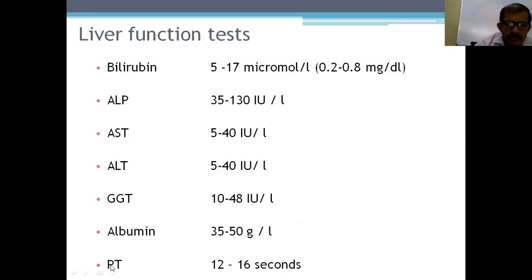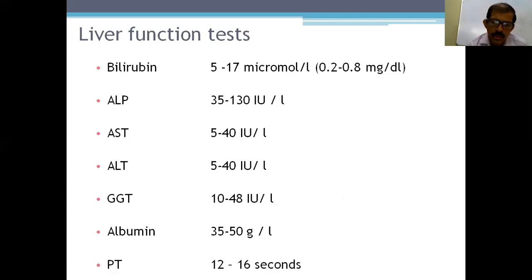Then prothrombin time is normally 12 to 16 seconds. So clotting factors, as the liver is the production house for clotting factors. So 12 to 16 is normal, but it depends on the control. Usually we will not simply measure this one.